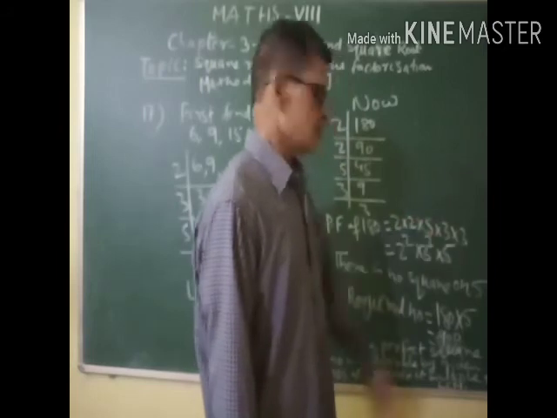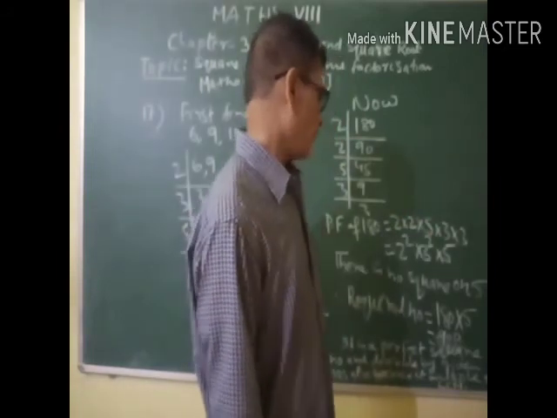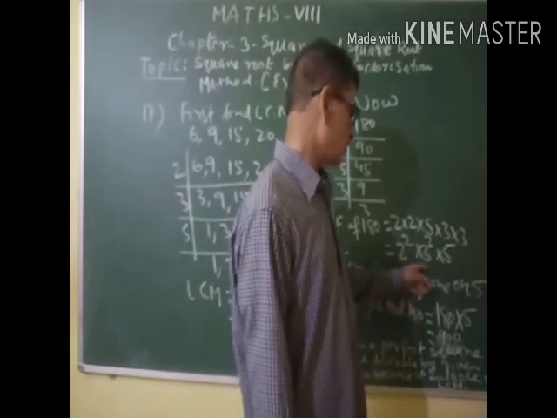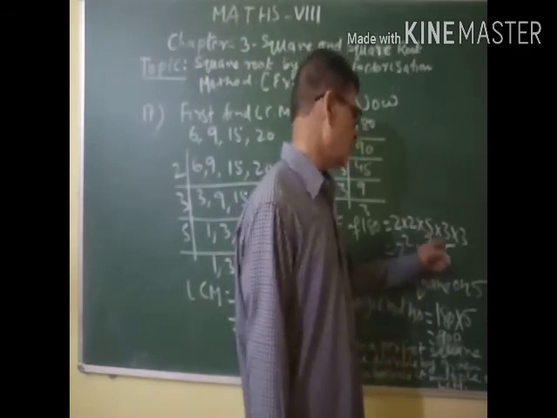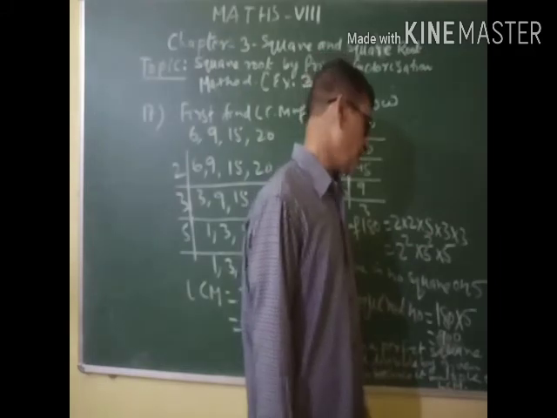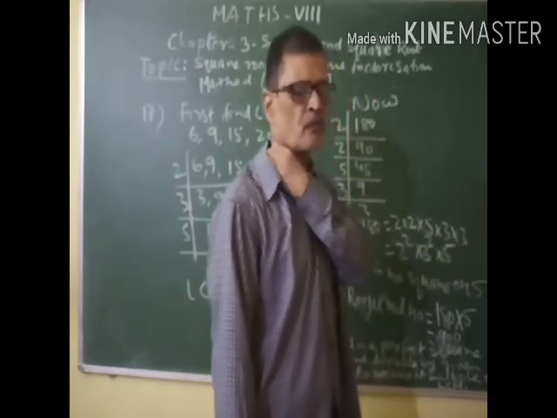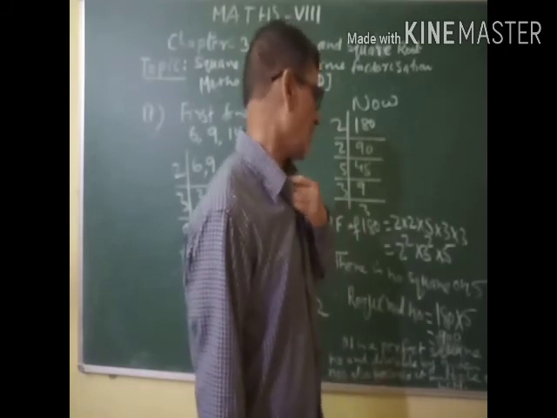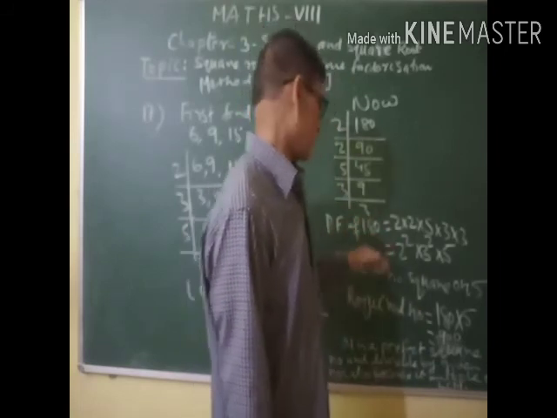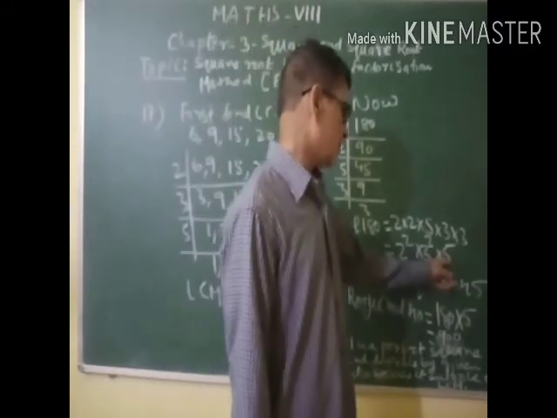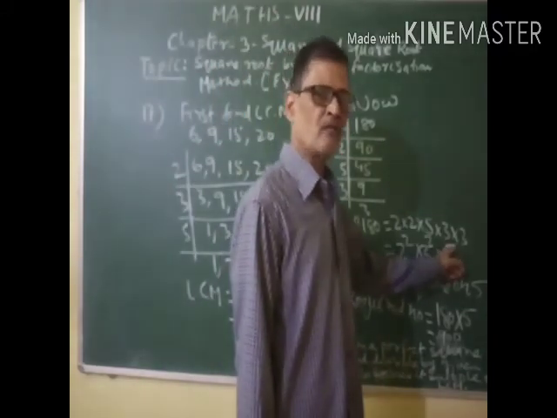Write these prime factors in square form: 2 square into 3 square into 5. You observe that there is no square on 5, and to be a perfect square number there must be a square on 5 also.